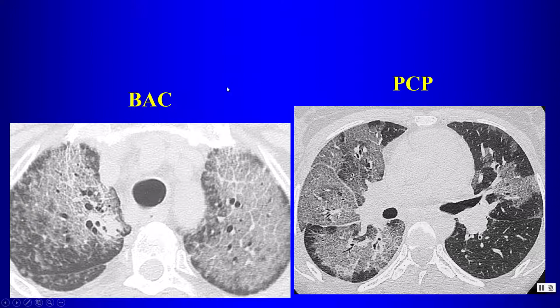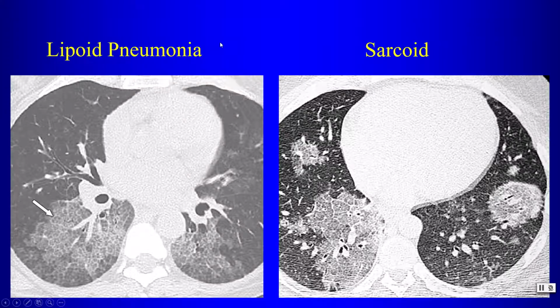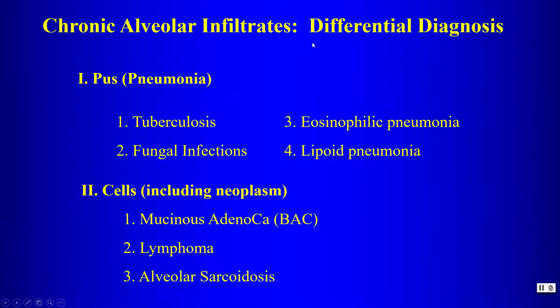So anything that might give you consolidations, especially ground glass consolidations in the lung, can be associated with crazy paving. Here's an example of lipoid pneumonia, and it's pretty unusual for sarcoid to do it, but here is an example of sarcoid causing crazy paving.